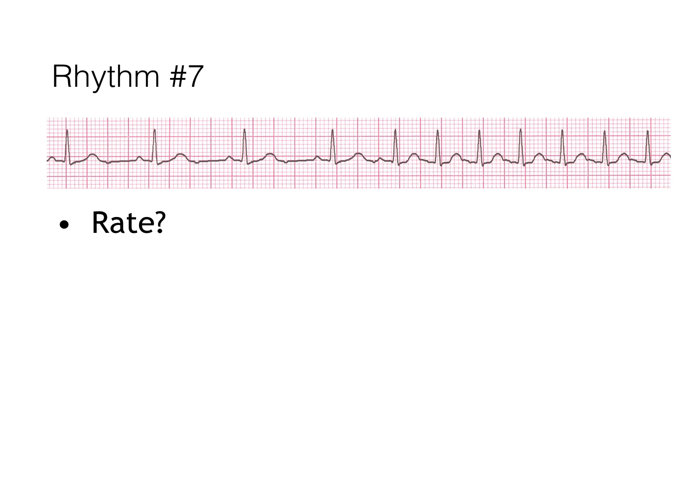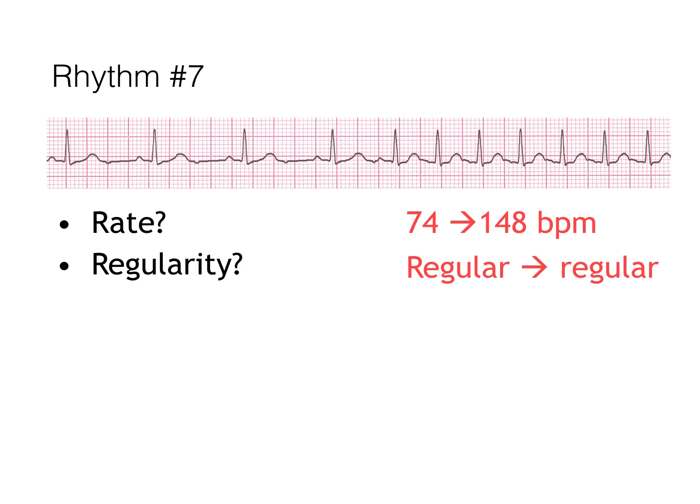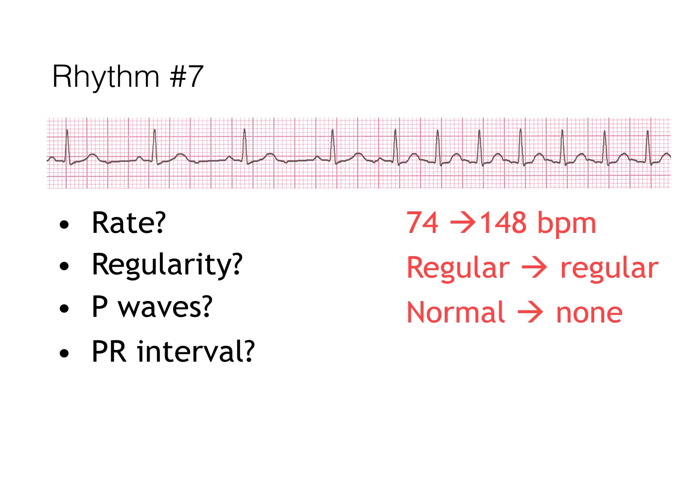In this strip, we can see the starting rate is 74 beats per minute, which suddenly converted into 148 beats per minute. What about regularity? It is regular in the beginning and again regular in the later stage of the ECG. What about P waves? In the beginning, we can clearly see the presence of P waves, but in the later half there are no P waves.